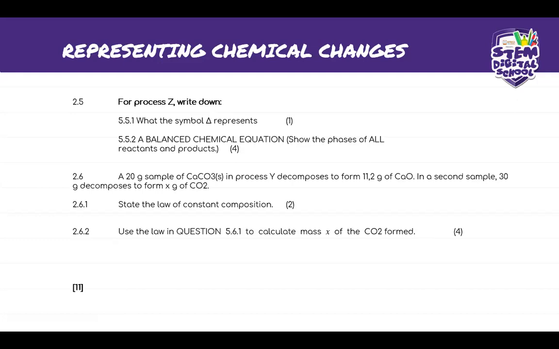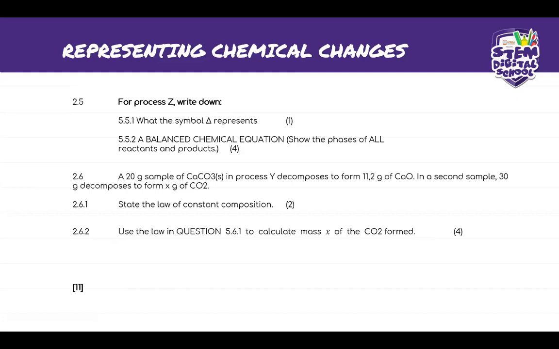You can even send one word because it's not a big thing. Okay, let's move to 2.5.2. A balanced chemical equation. Show all the phases of all the reactants.